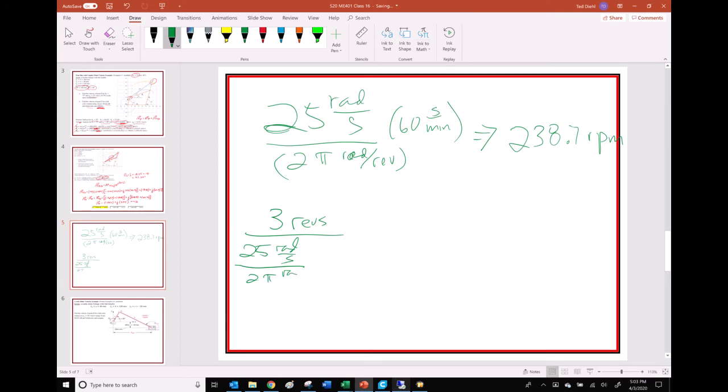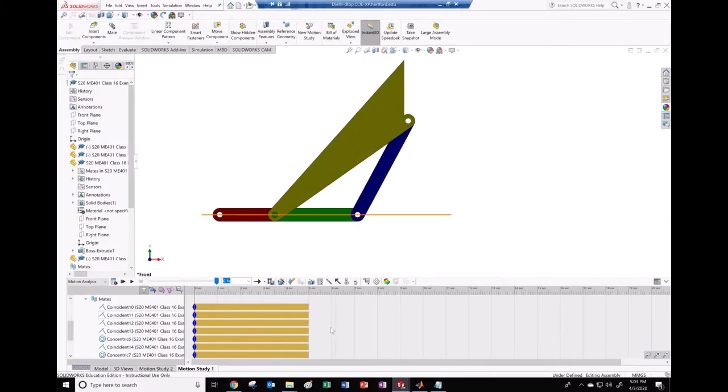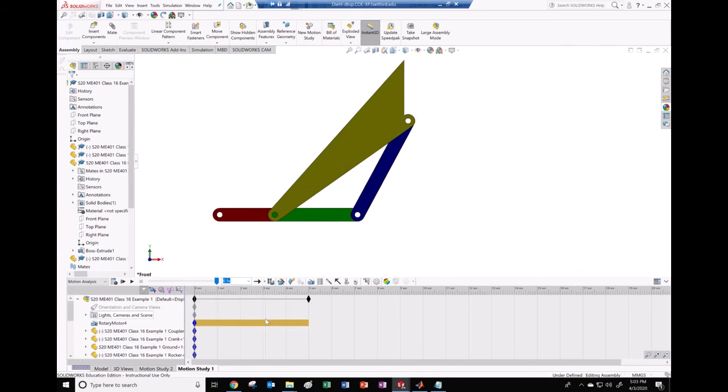Once again, that's radians per rev right here. If I just divide the 3 revs by that, I get that it's going to be 0.754 seconds.